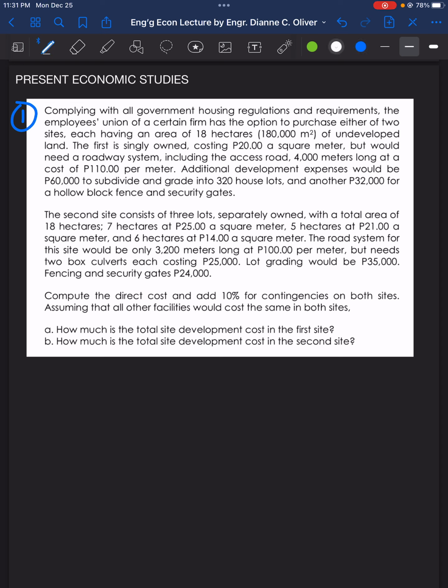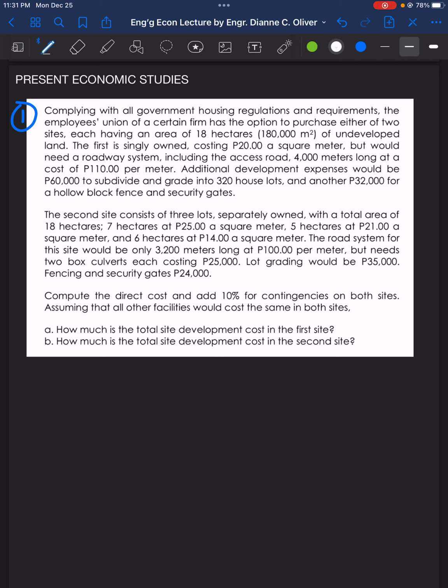Complying with all government housing regulations and requirements, the employees' union of a certain firm has the option to purchase either of 2 sites, each having an area of 18 hectares, or 180,000 square meters, of undeveloped land.